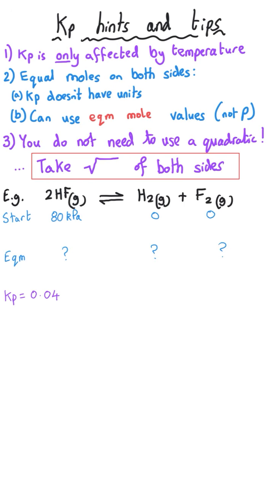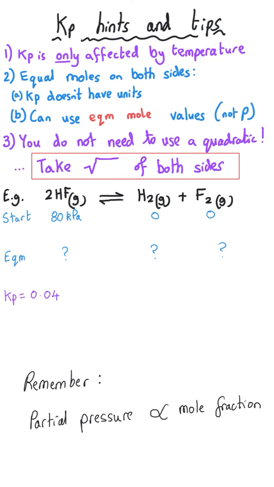So for instance, if you've got hydrogen fluoride turning into hydrogen and fluorine, and you know you've got 80 kilopascals of hydrogen fluoride at the beginning, what you can do is make the moles of hydrogen produced at equilibrium be x. And so the moles of fluorine produced at equilibrium will also be x.